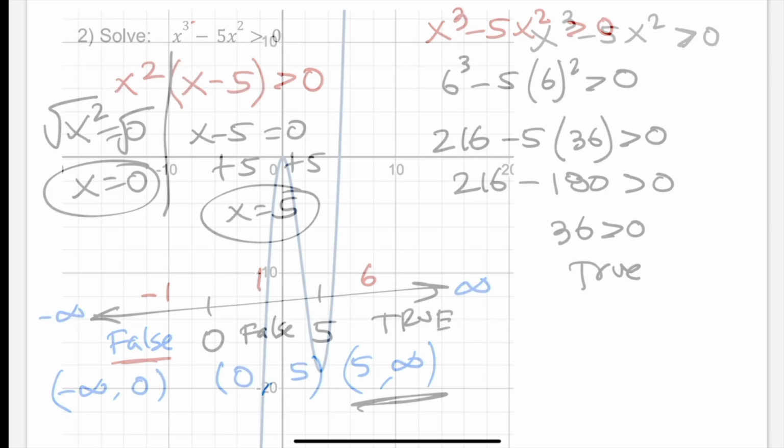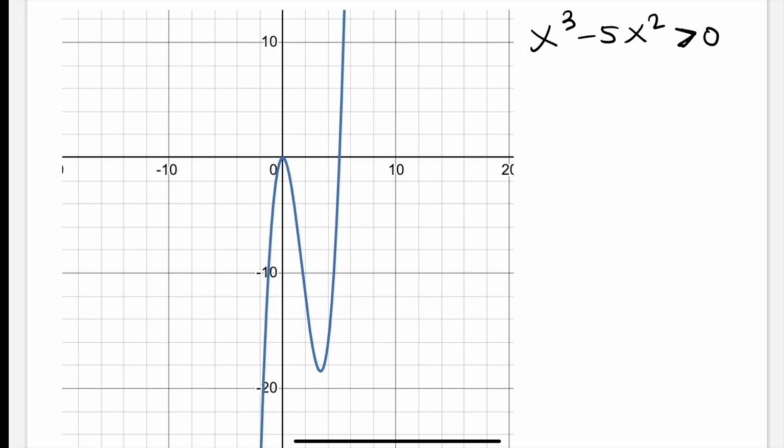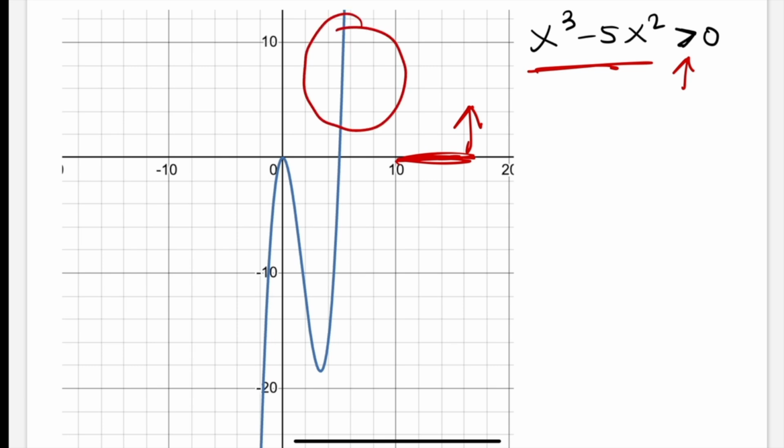Let's look at the graph. What interval is greater than 0? Look at your graph. Where's your graph above the x-axis, greater than 0? Here, right? And if you notice, this is 0 and this is 5, which are my zeros.